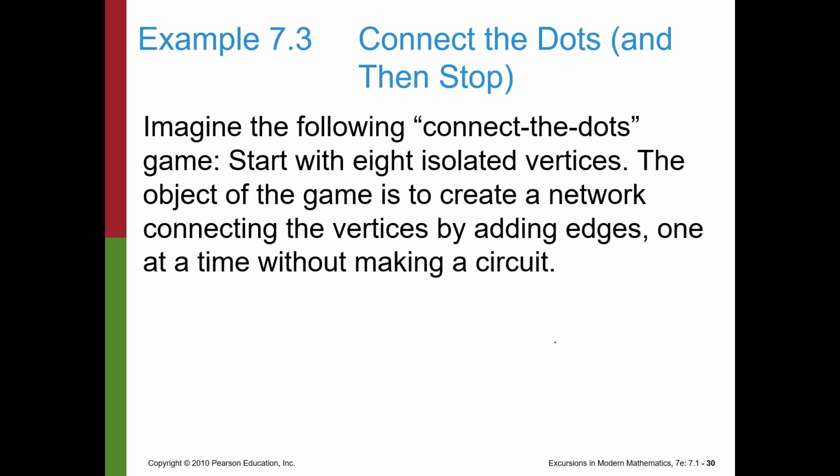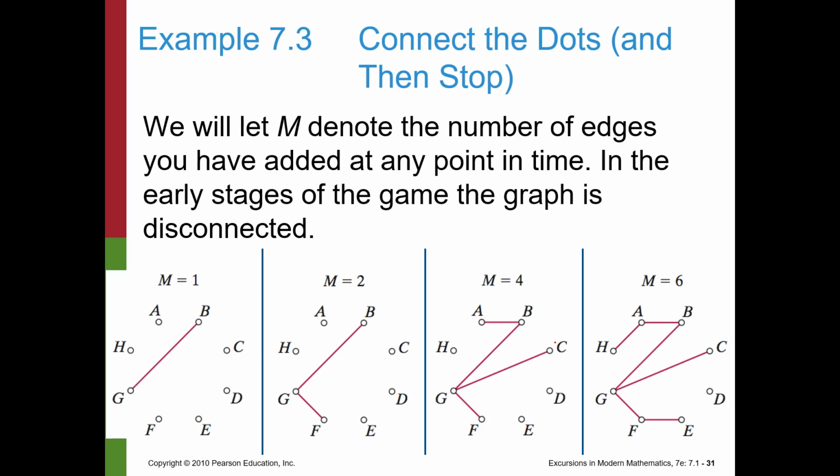Imagine the following connect the dots game. Start with 8 isolated vertices. The object of the game is to create a network connecting the vertices by adding edges one at a time without making a circuit. We will let M denote the number of edges you have added at any point in time.